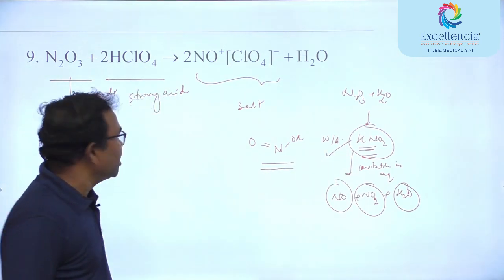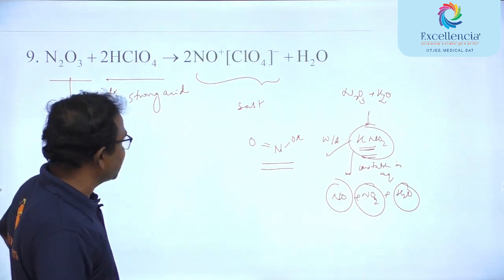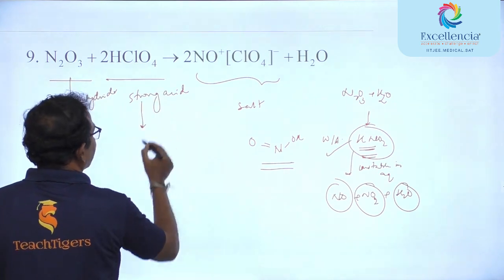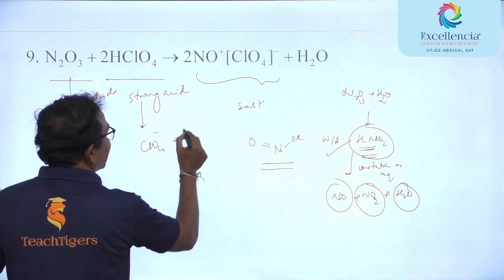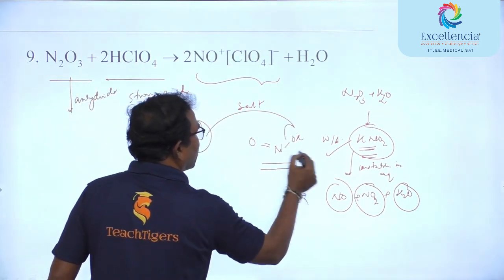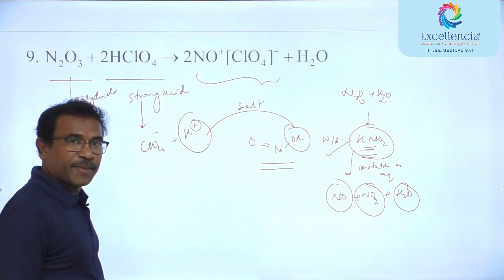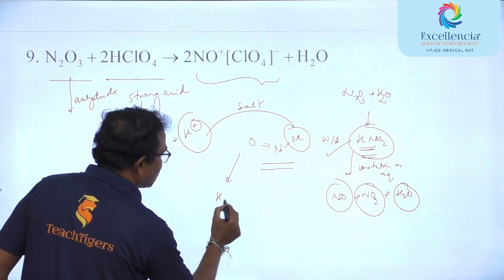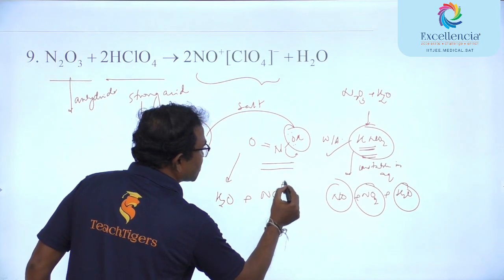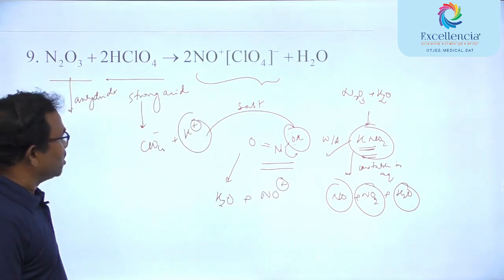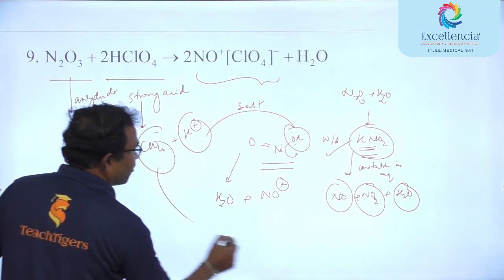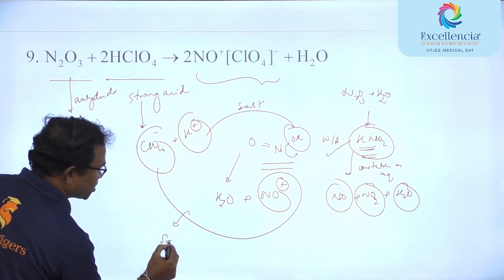As per the discussion, definitely perchloric acid being the stronger acid, it gives ClO4 minus plus H plus, and this H plus has to attack the OH there, and obviously this forms water because the bond has to be broken, plus NO plus, nitrosonium ion. So therefore all we have is ClO4 minus with NO plus, which gives you simply a salt.